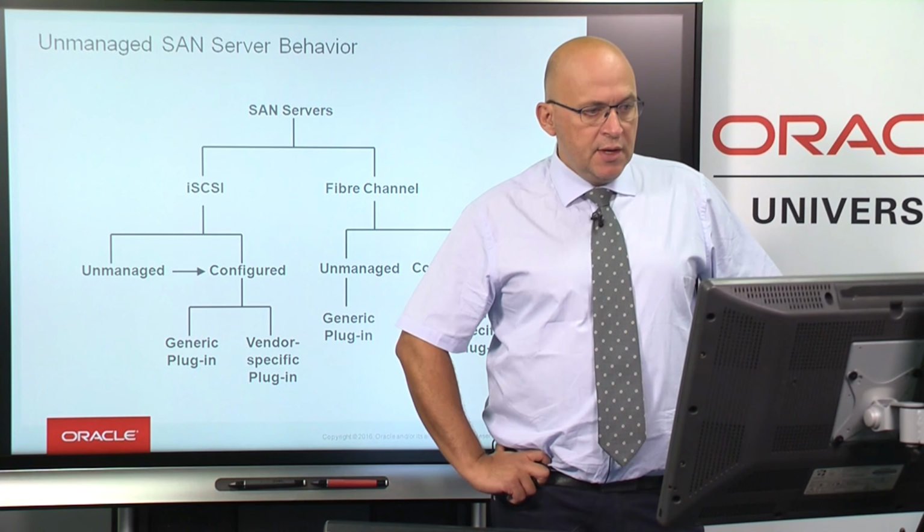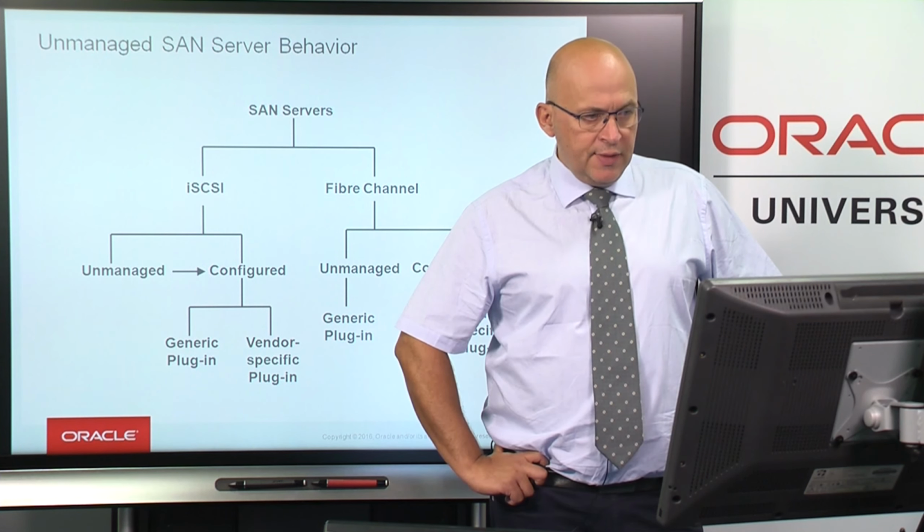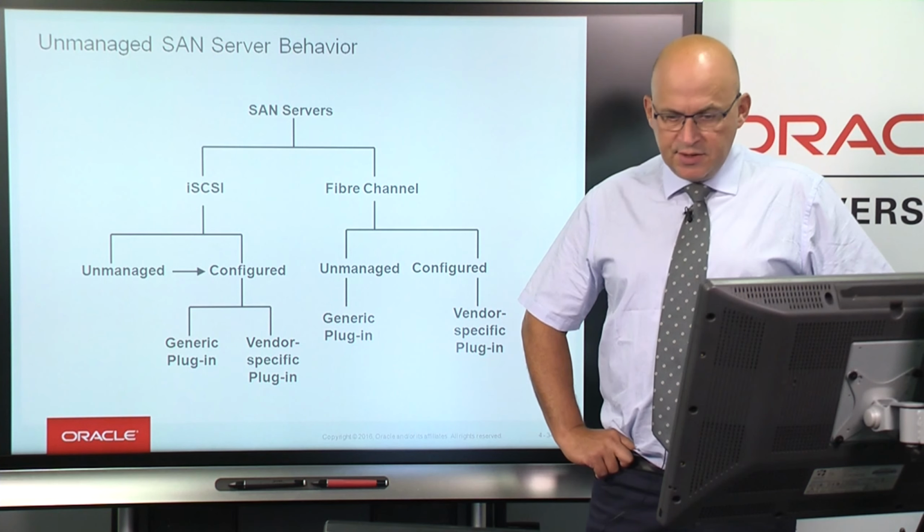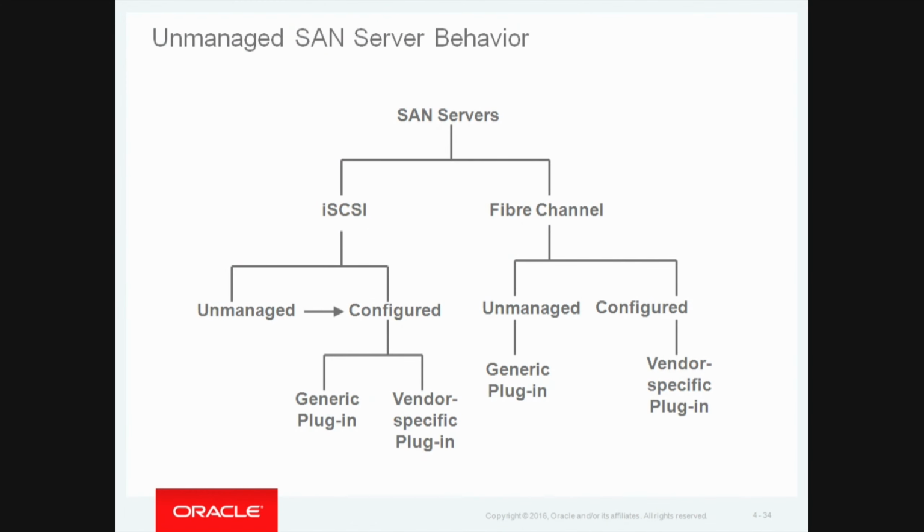For the SCSI configurations, an unmanaged configuration will be seen as configured after discovery. Unmanaged is just a temporary state, and this holds true for a generic plugin or a vendor-specific plugin.